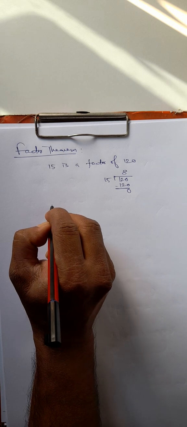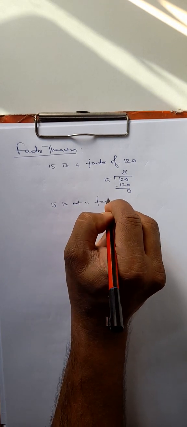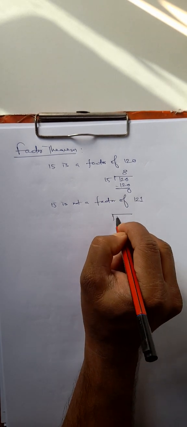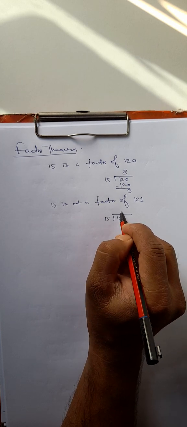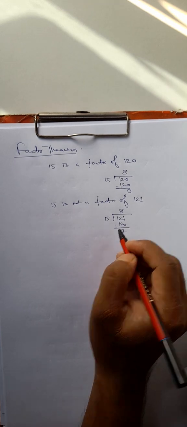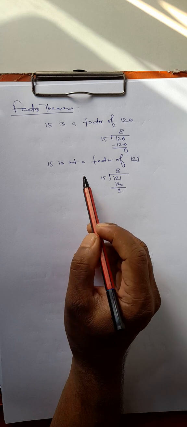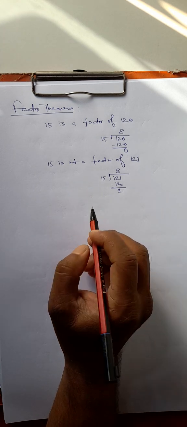But 15 is not a factor of 121. Now you see, divide 121 by 15, 15 times 8 is 120, remainder is 1. That means if it is not a factor, you will find some remainder.